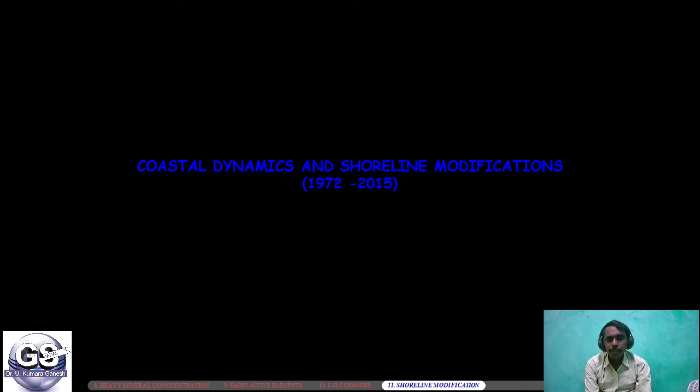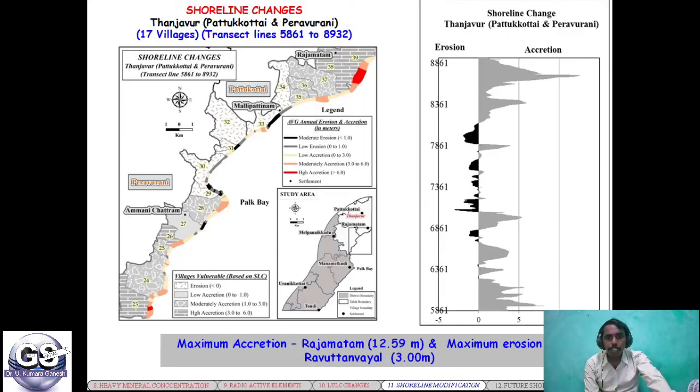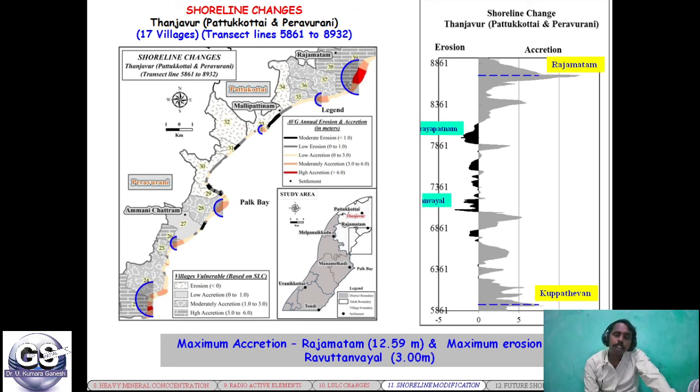Using the DSAS software, the EPR values have been calculated. From that, notice that for discussion about this shoreline modification along the 39 coastal villages, where the village shoreline changes have been integrated, the district-wise discussion was attempted.